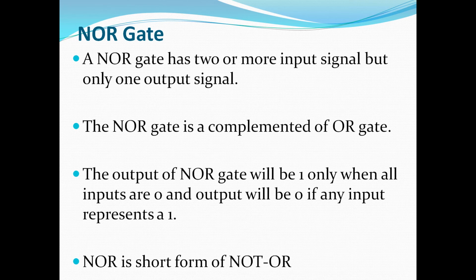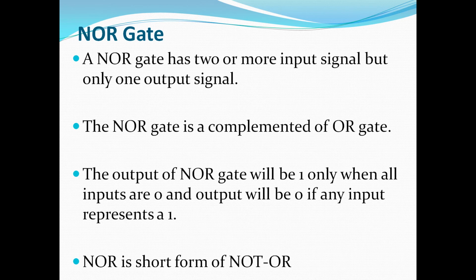The output of the NOR gate will be 1 only when all the inputs are 0, and the output will be 0 if any one input is 1.